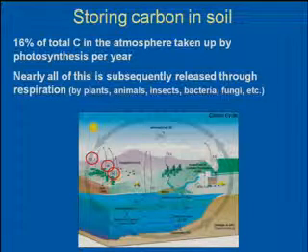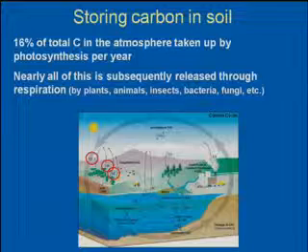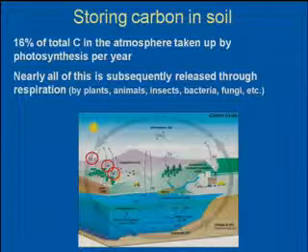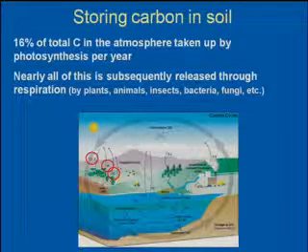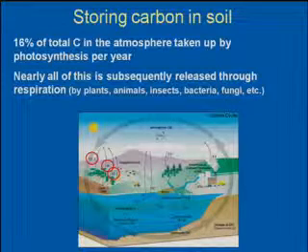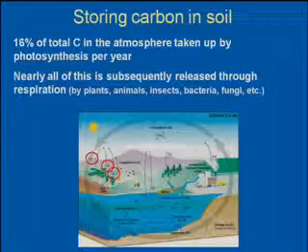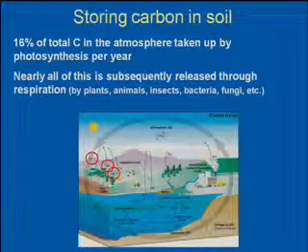About 16% of the CO2 in the atmosphere is pulled down out of the atmosphere by photosynthesis each year. But of course, nearly all of that is subsequently released through respiration by the plants themselves, by animals that eat those plants, by insects, bacteria, fungi, and so on.